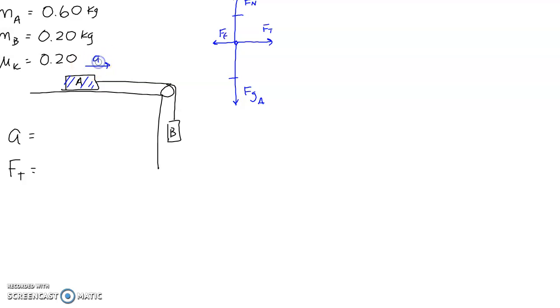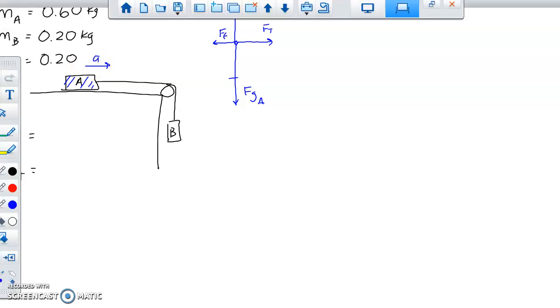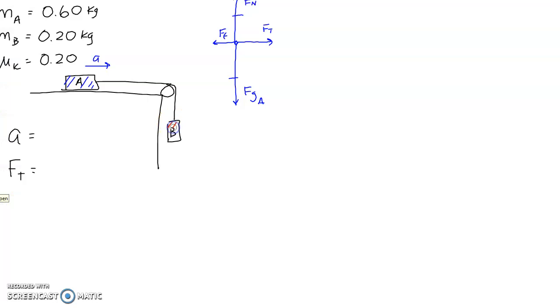So that's step one. Step two, we're going to draw the force diagram for the B block. I'll draw it underneath here. We have gravity pulling down, maybe not as big as the other one, and we have tension pulling up. This tension is going to equal this tension here because of Newton's third law.